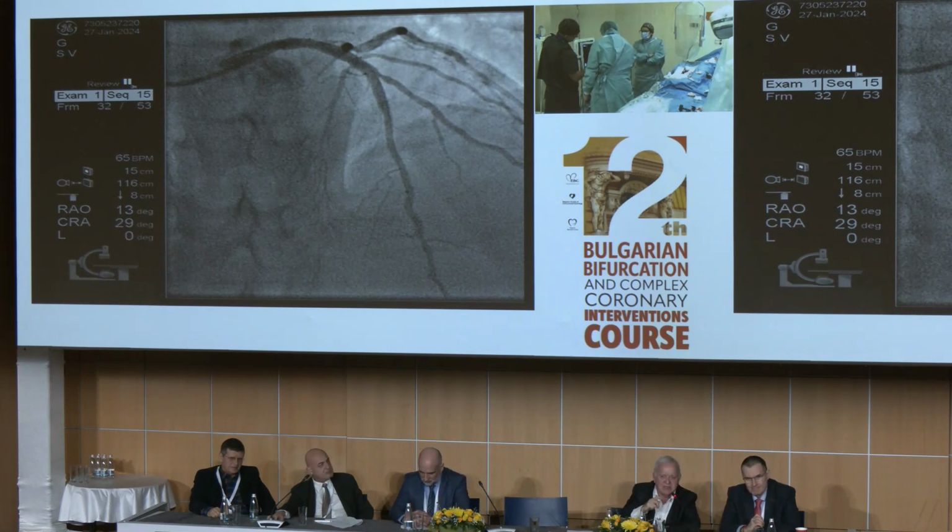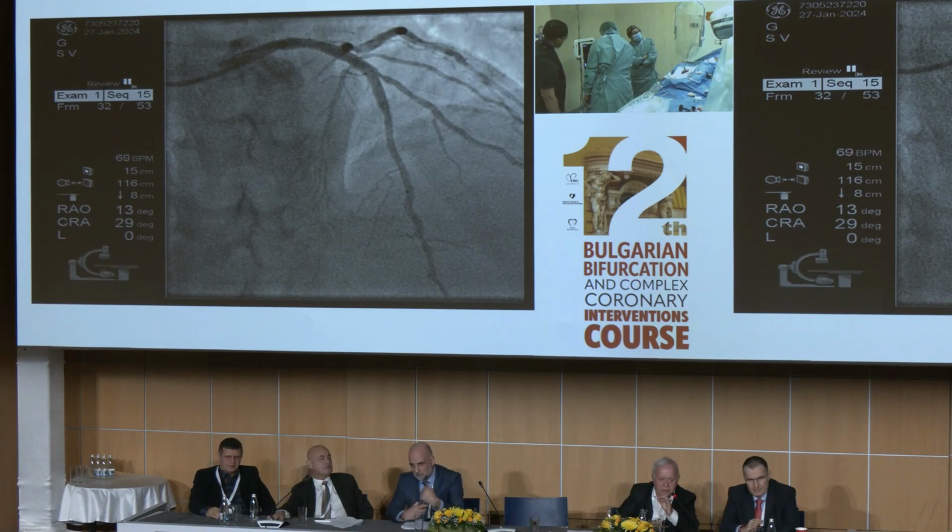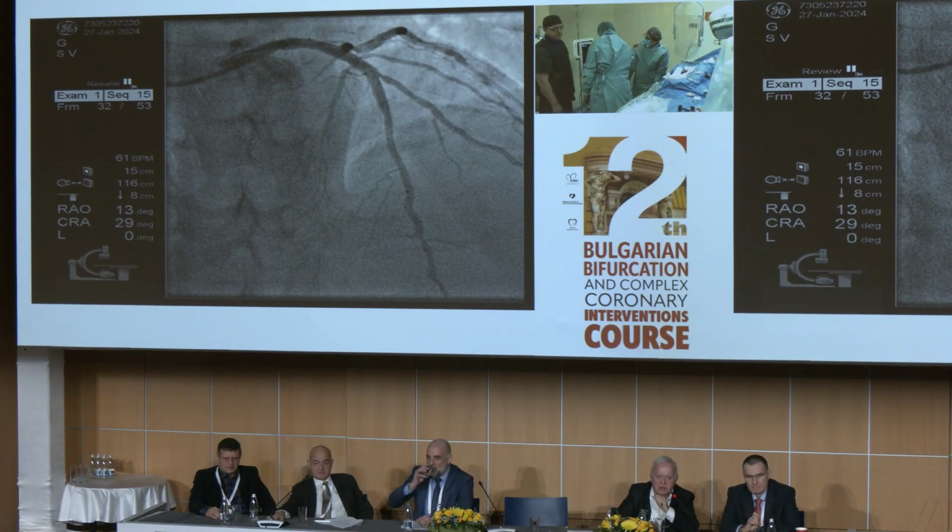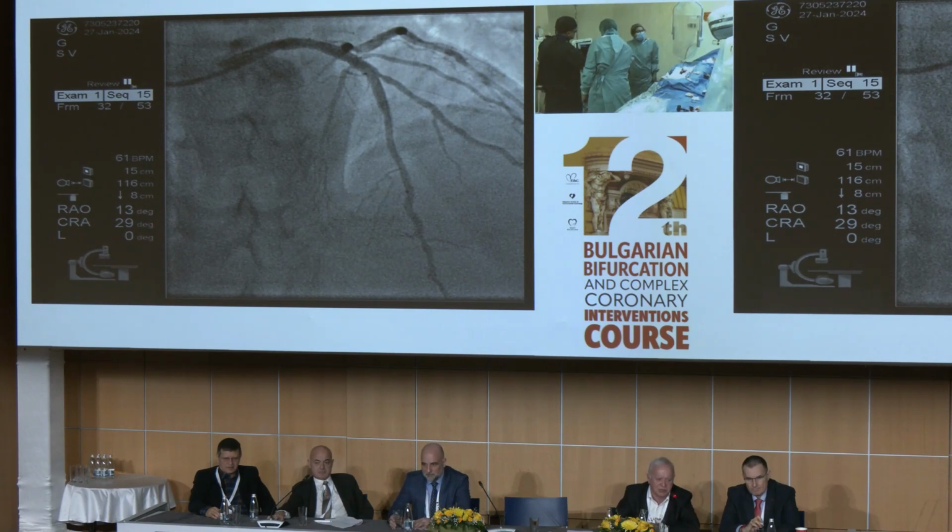But as it was said yesterday, a carina shift creates an oval ostium of the side branch, as it was probably nearly round before. And it doesn't change the surface a lot. And it's very rare, as demonstrated by Bonkonku, that it creates a clinically significant side branch stenosis.